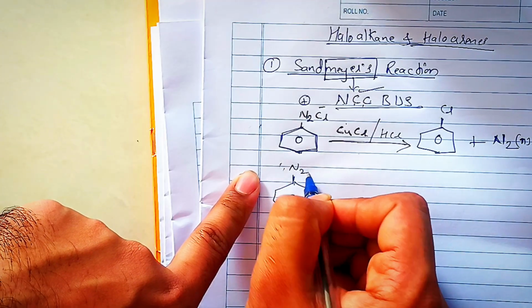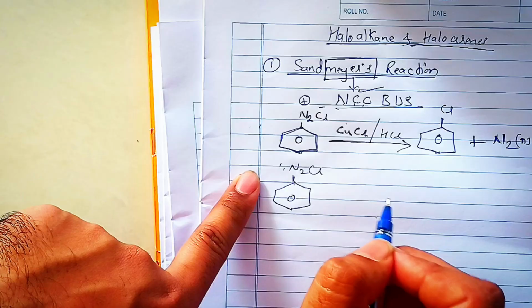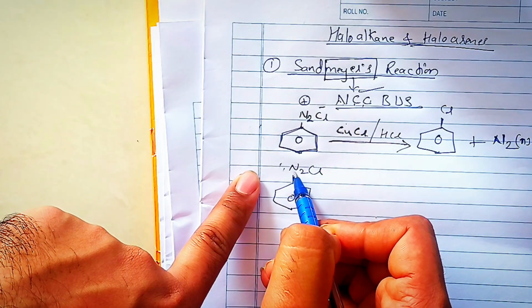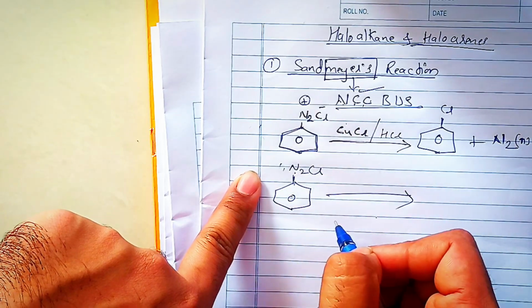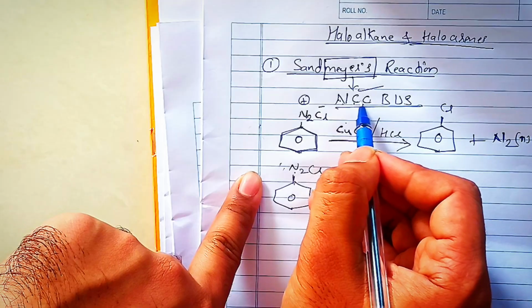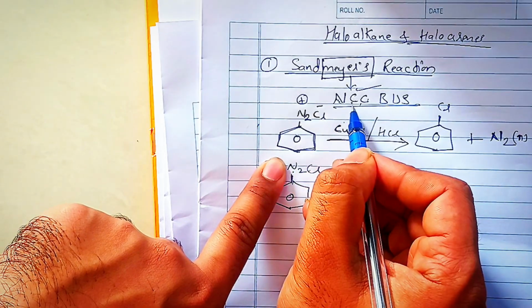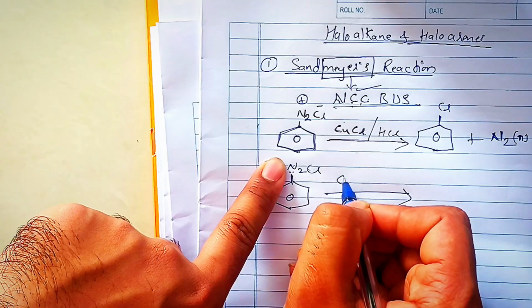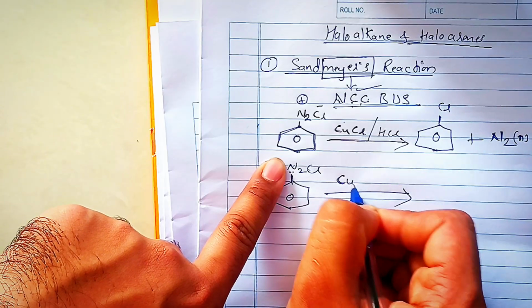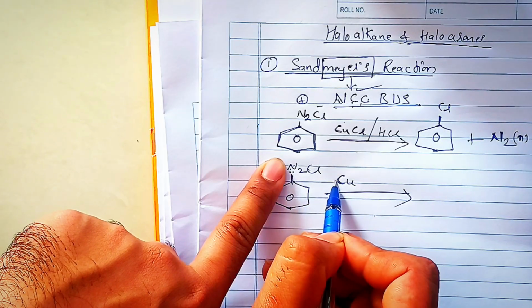If we take the NCC bus, we can easily make that. Here we can make N2Cl, which will be common, so here N will be taken, and in the reagent we can take this as N. Okay, then C, NCC. Here Cu as the NCC, right?